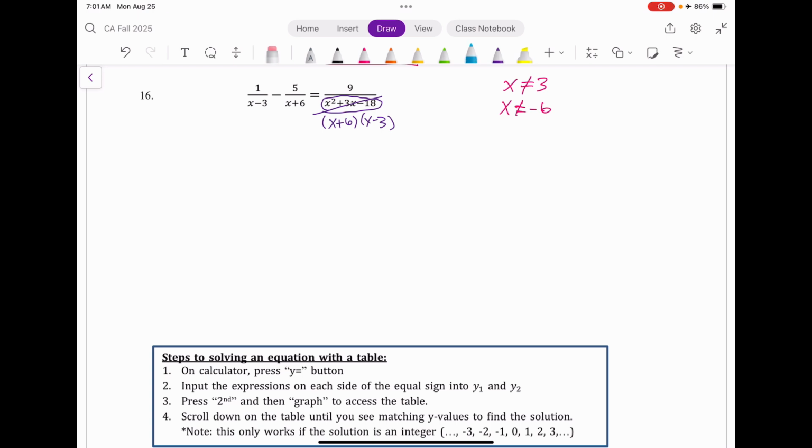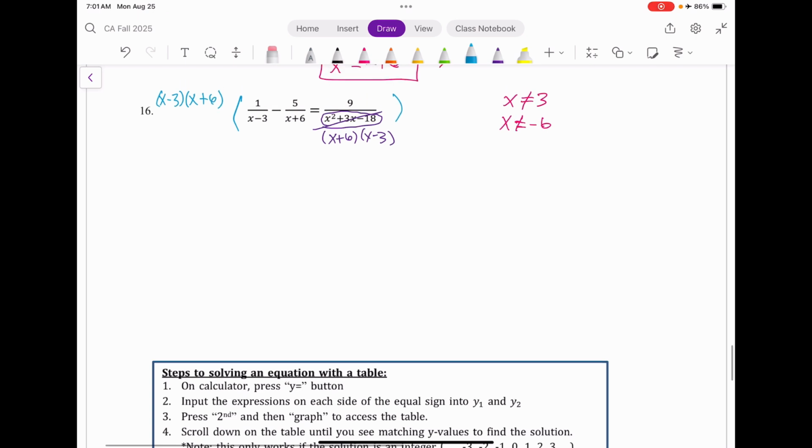All right, so what are we going to do next? We're going to multiply it by the lowest common denominator, which is essentially just all the factors we see that they have in common. So x minus 3, x plus 6 is what we need to multiply everything by. Okay, so we'll multiply those two factors to the first fraction. All right, what cancels? The x minus 3. So it'll leave x plus 6 times 1, right? Which is this x plus 6.